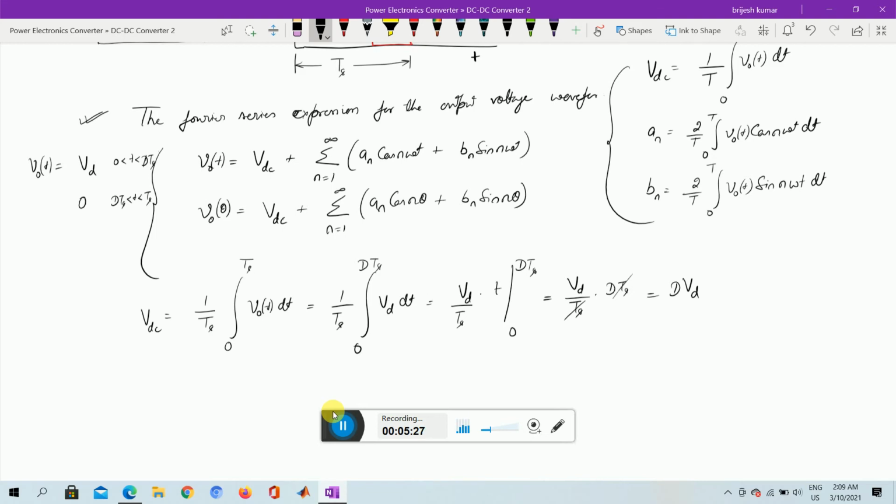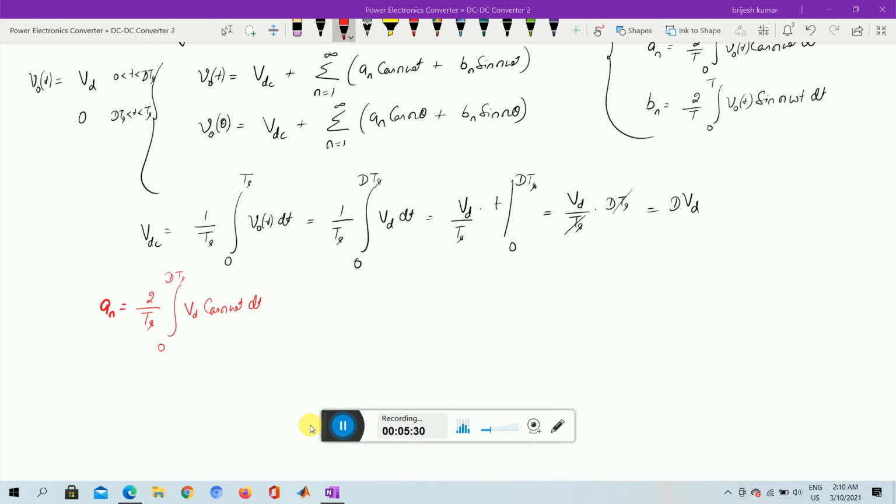Let us evaluate an. When we take the value of an, it is 2 by TS, integration from 0 to D TS, Vd is the output voltage, and cos n omega t. So this leads to 2 Vd by TS. The integration of cos n omega t will be sin n omega t, and n omega will come down because we are integrating with time.